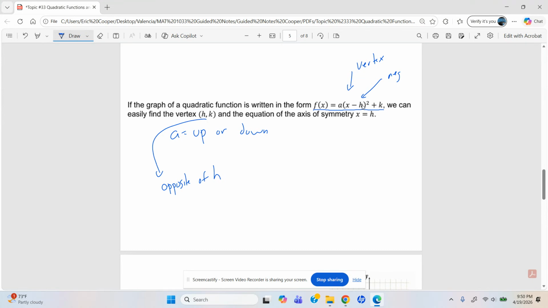So if you see x minus 5 here, that x-coordinate is really a positive 5. Whereas if you see x plus 5, that's really negative 5, because the only way this becomes a positive is if there's two negatives. The k we take as whatever it is. So if k is positive, then k here will be positive. If k is negative, then k here will be negative as well.